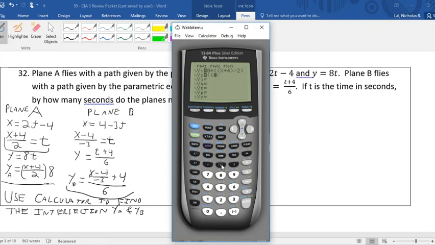So we have x minus 4 divided by negative 3, close that parentheses, plus 4, close the parentheses, all divided by 6. So we're going to graph our two equations.